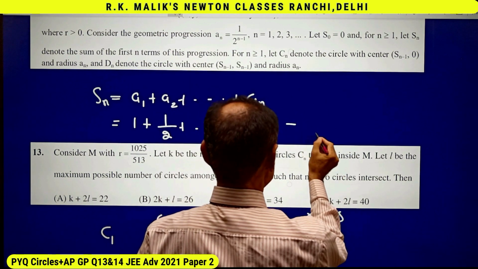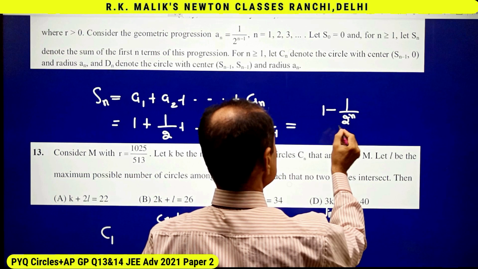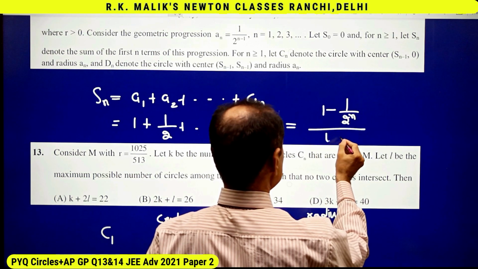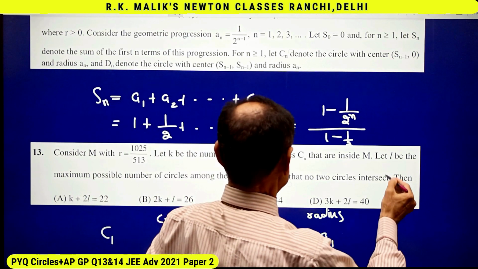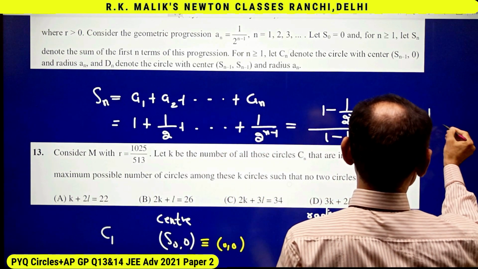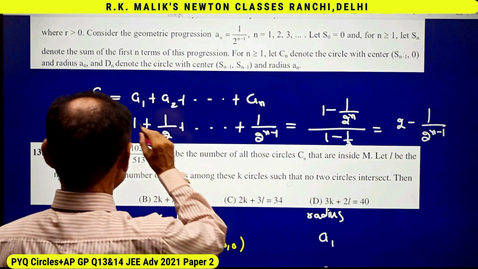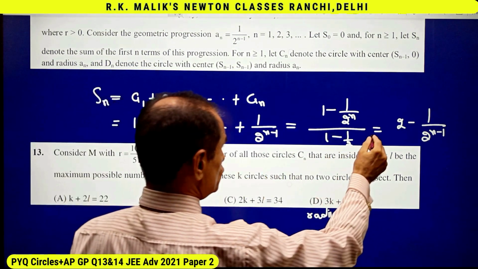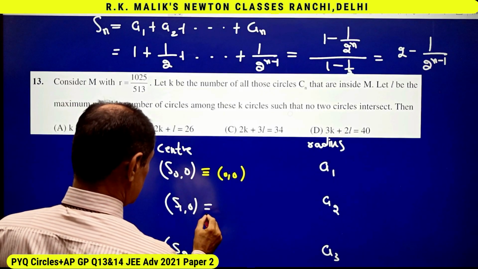That is equal to 1 minus 1 by 2 to the power n upon 1 minus 1 by 2, that is equal to 2 minus 1 by 2 to the power n minus 1. That is, S1 is equal to 2 minus 1, that is 1.